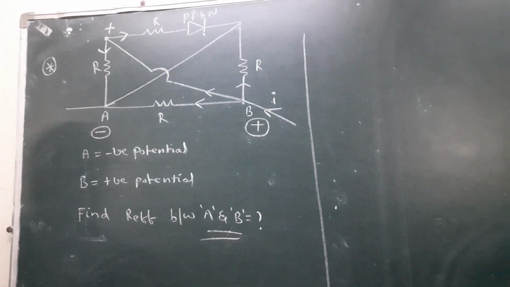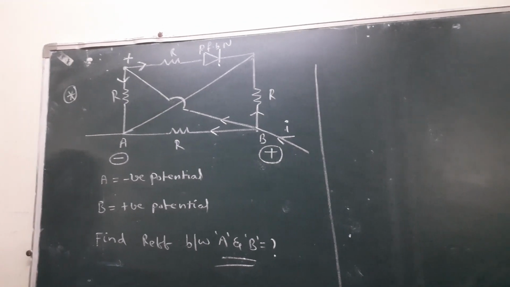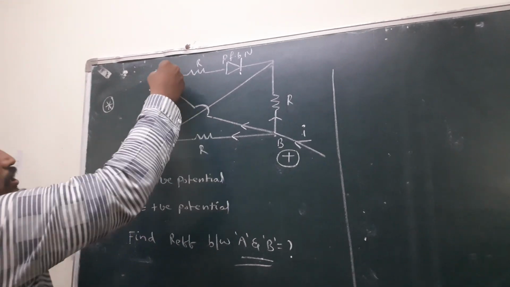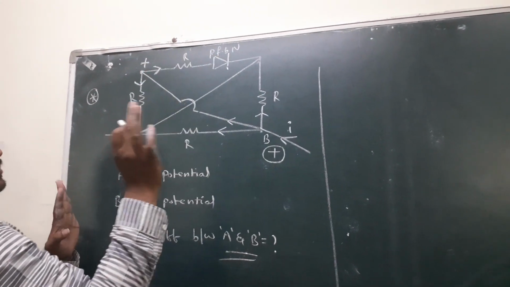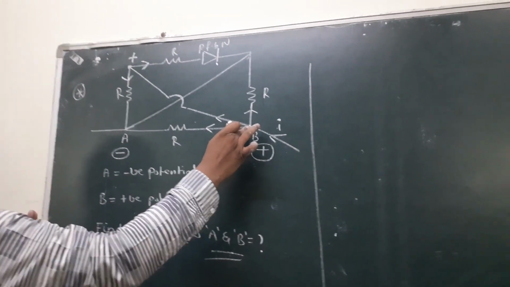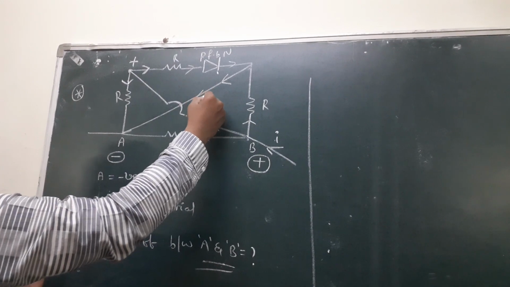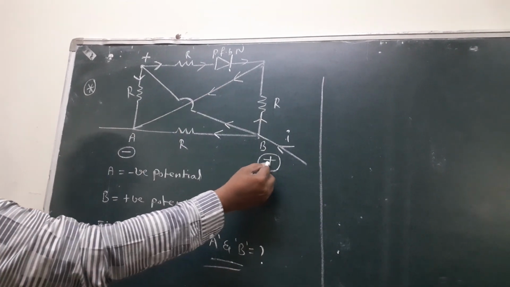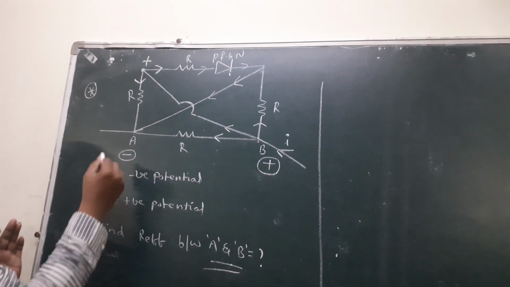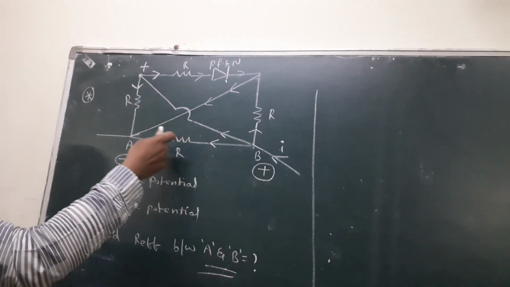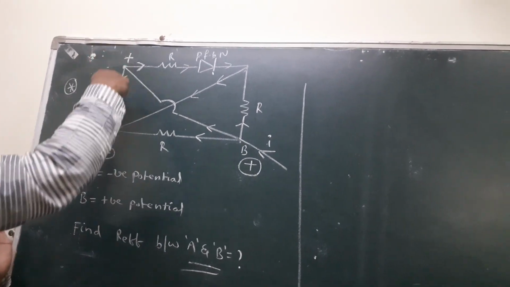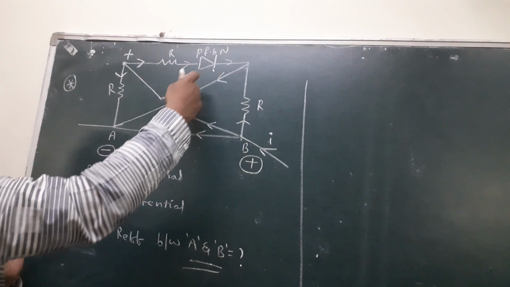In forward bias the current is allowed. Look here once again: the current divides, passes from here to here and again in this direction, because current always flows from plus to minus. All will be plus to minus.